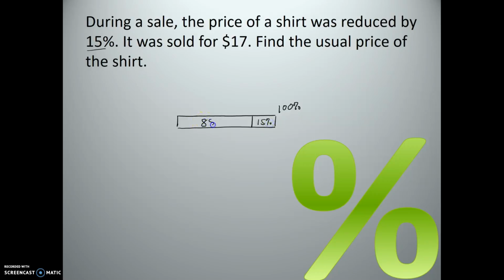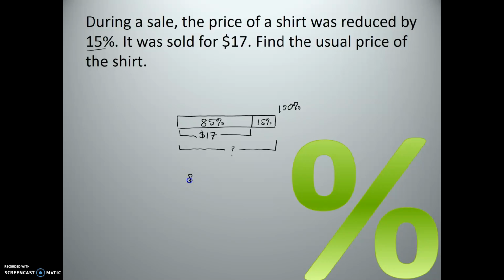So that means that the sale price of the shirt was 85% of the original. It was sold for $17. So clearly that $17 equals 85%. And we want to find the usual price of the shirt. So we want to know what 100% is.